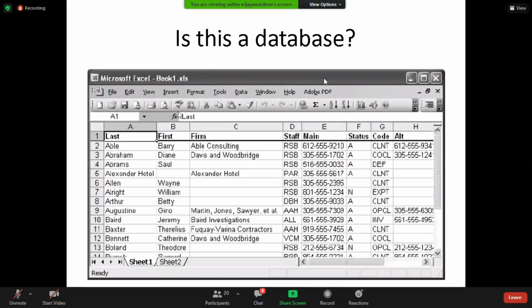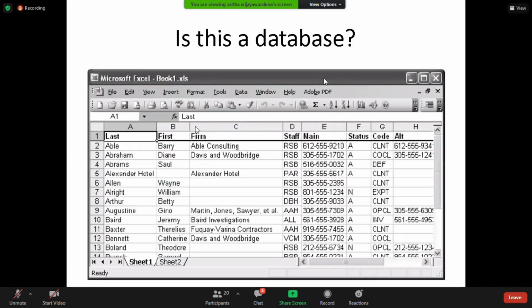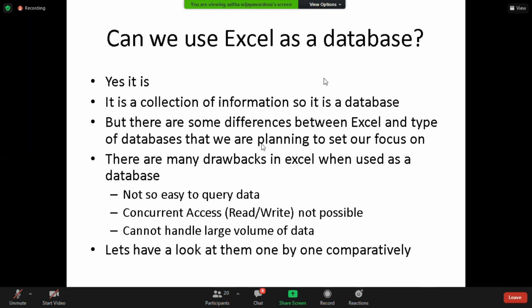If you look at this Excel sheet, it has a collection of information related to a particular subject matter. Most probably they have last name, first name, their firm, staff, and other relevant details. So looking at it, you can guess this is something like a staff employee registration system or employee details, right?